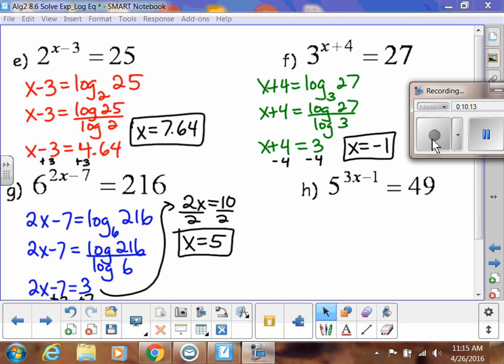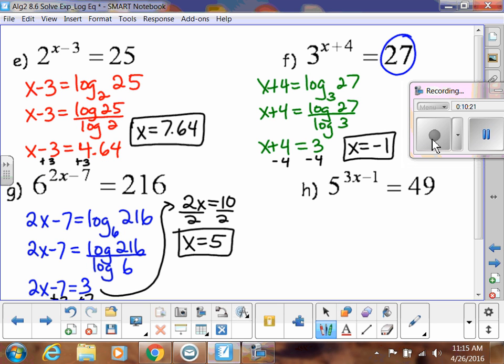This one came out to be a whole number because 27 is a power of 3. So I don't know if you realize this or not, but 27 is the same thing as 3 to the third power. So if you recognize that, you could go straight to x plus 4 equals 3, because these exponents would be the same since the base is the same.